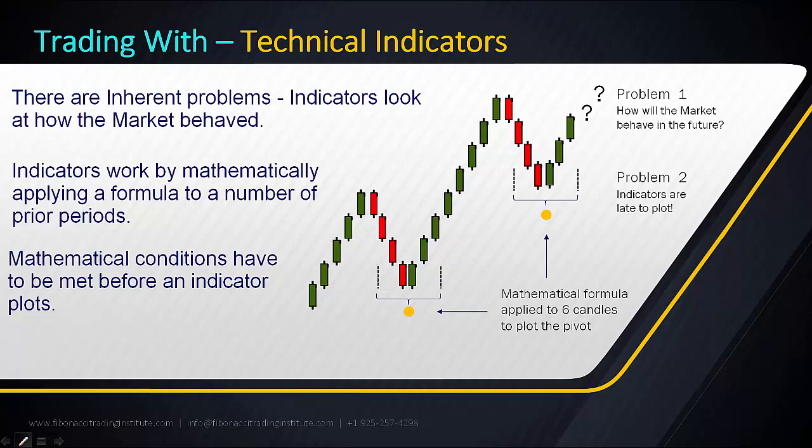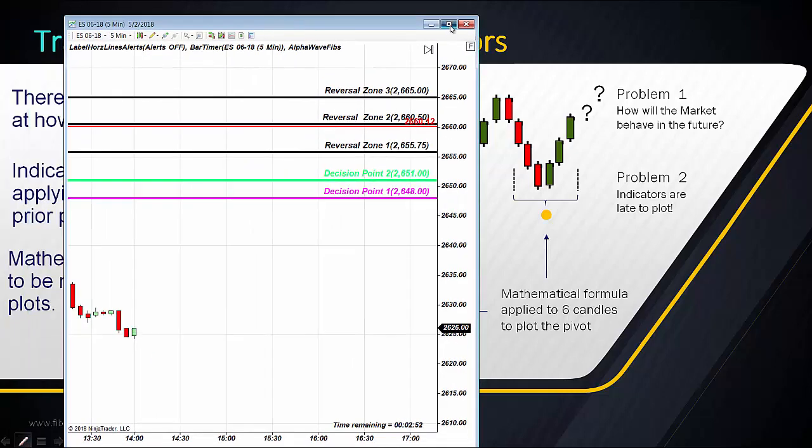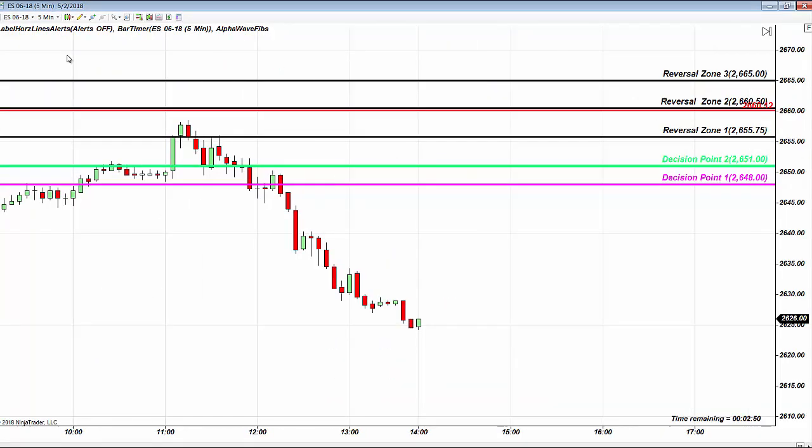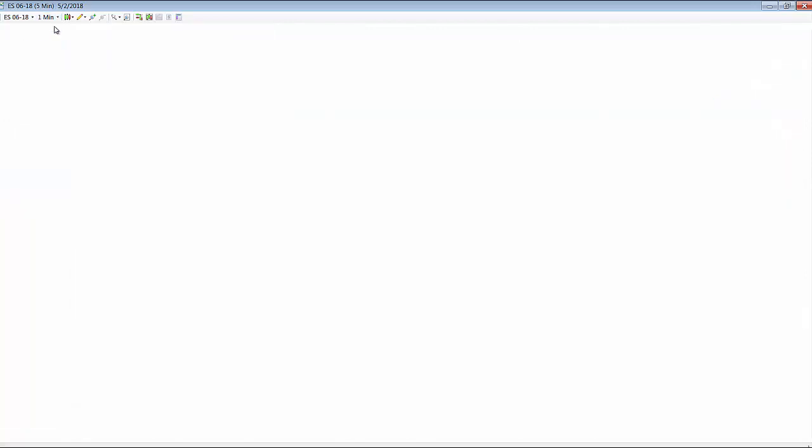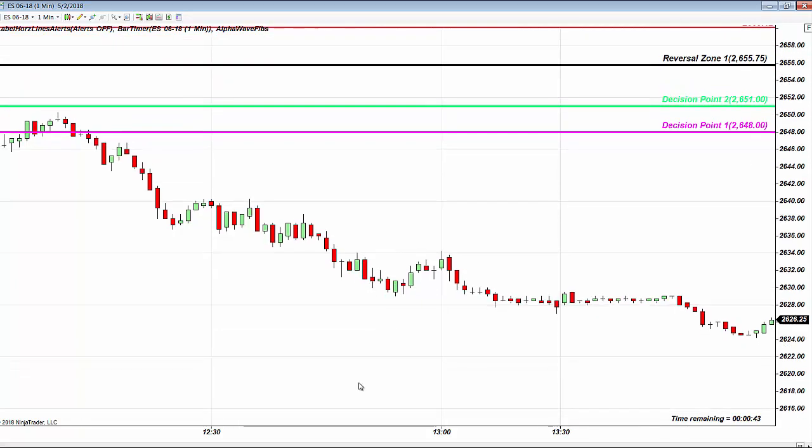This is what played out in a trading room as recorded on live video. This is where S&P collapsed from. This is a 5-minute chart. This chart can be converted to any chart, 1 minute, anything you will choose to trade.